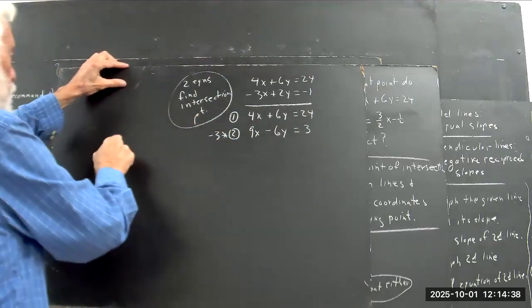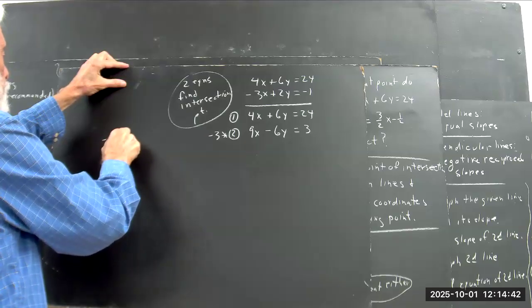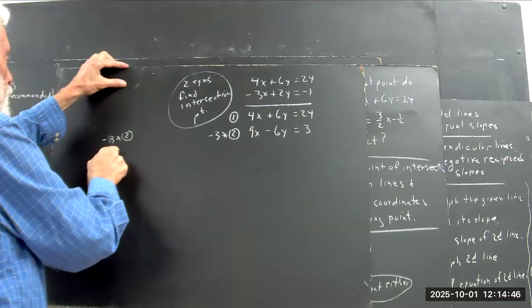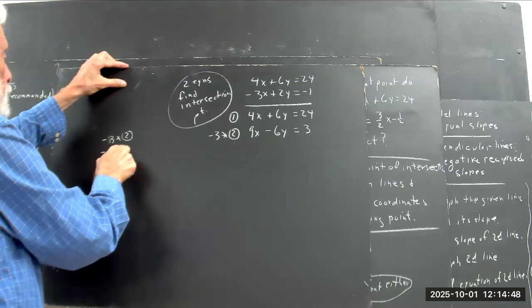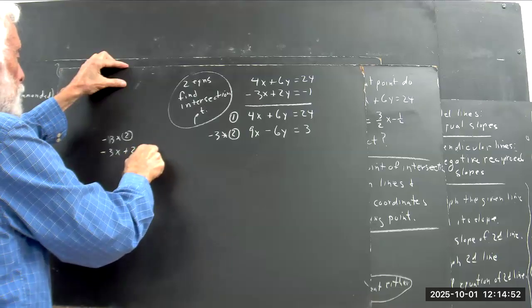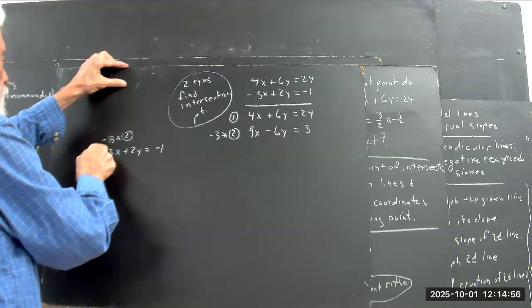Now, to calculate -3 times equation 2, I do this. I've got -3x plus 2y equals -1, and I put a -3 out in front.